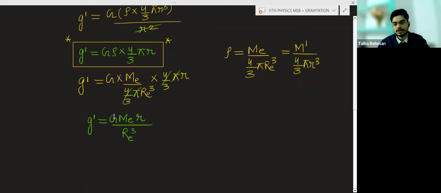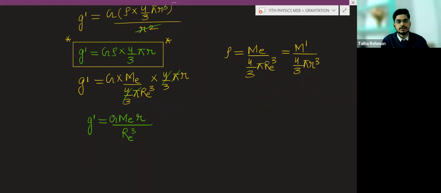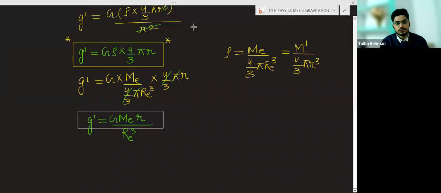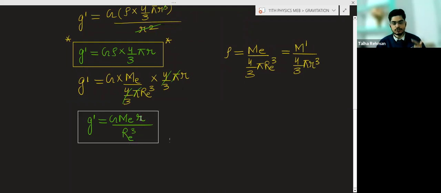Basically, this formula is famous formula to calculate the acceleration due to gravity at a distance r from the center of the earth in terms of the mass of the earth and radius of the earth.